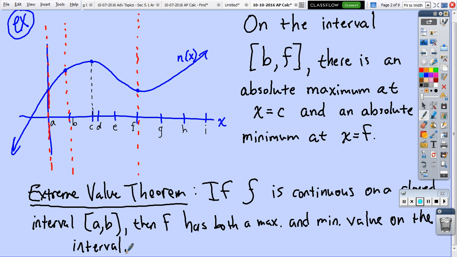So for example, if I said the interval from, sorry, let's say from e to h. From e to h, at x equals h, you would have an absolute maximum, and at x equals f, you would have an absolute minimum. So we're talking about just that neighborhood.